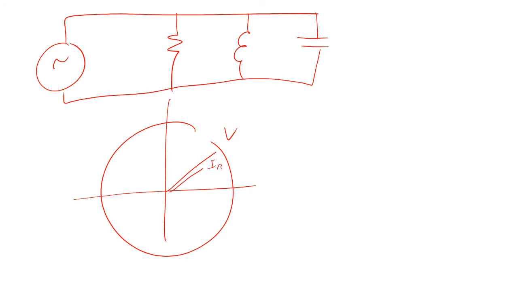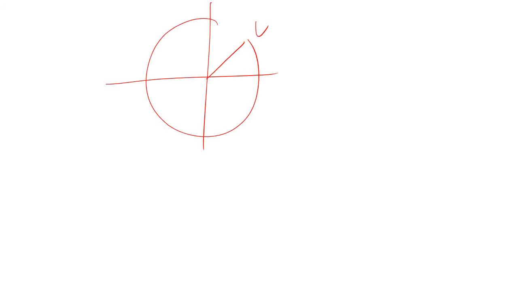So that means that, ELI, IL is lagging, or for the capacitor, IC is leading. So the current leads in the capacitor. And so we've got the voltage, same with everything. We have IR, here we have IL minus IC, okay?